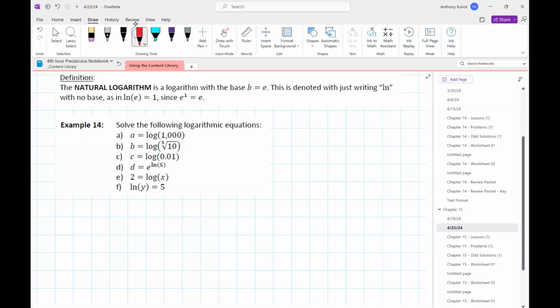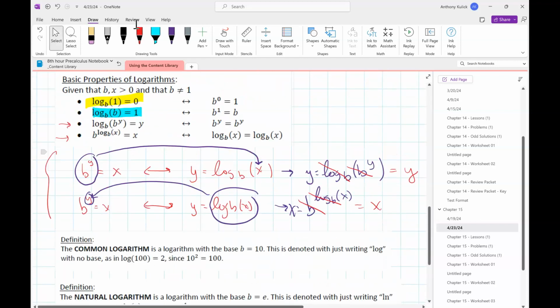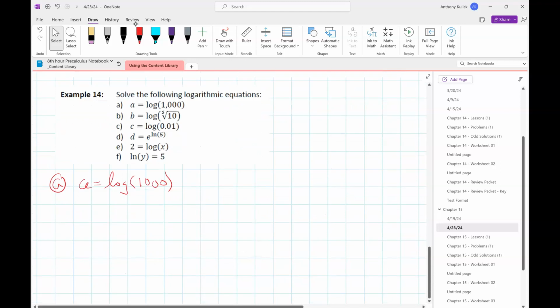All right, so just a couple of examples working with these notations. The first one, a equals log of 1,000. Now I'm going to approach this a little bit differently than we did the first time through, because I want to take advantage of this idea that we highlighted above, that exponents cancel logarithms and logarithms cancel exponents. So I recognize that this log is really log base 10.